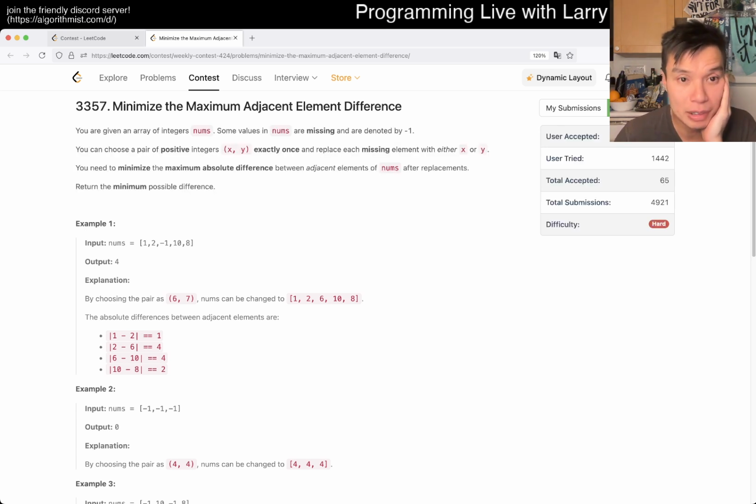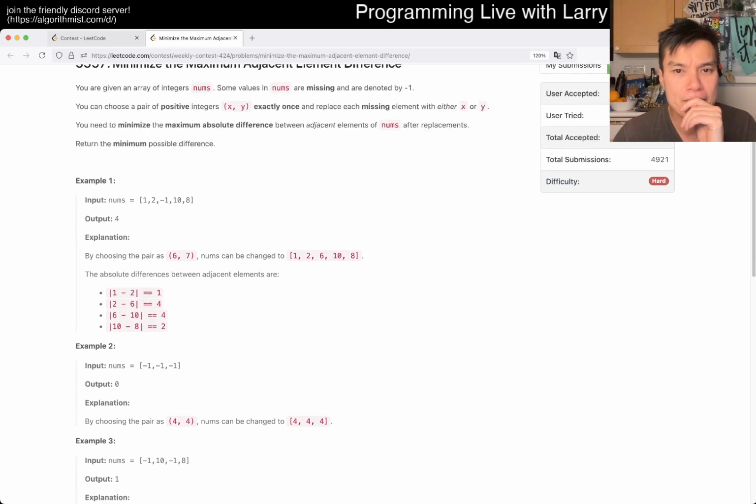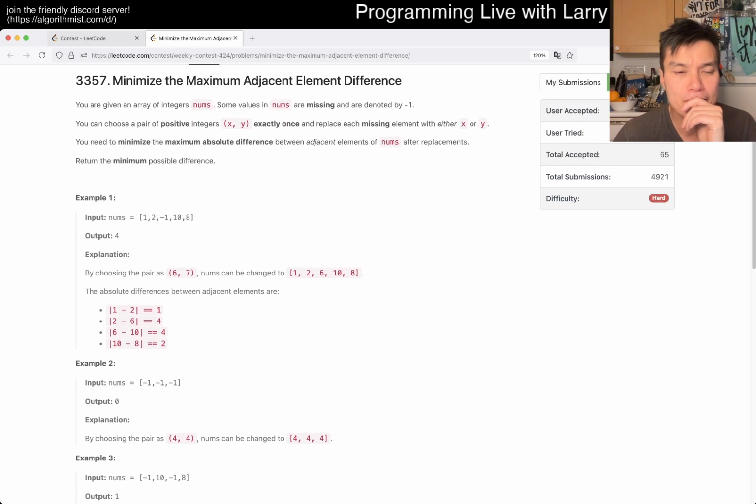Okay, so let's read. Minimize the maximum adjacent element difference. Values in nums are missing. You choose a pair x, y exactly once and replace each missing element with x or y. What does exactly once mean?